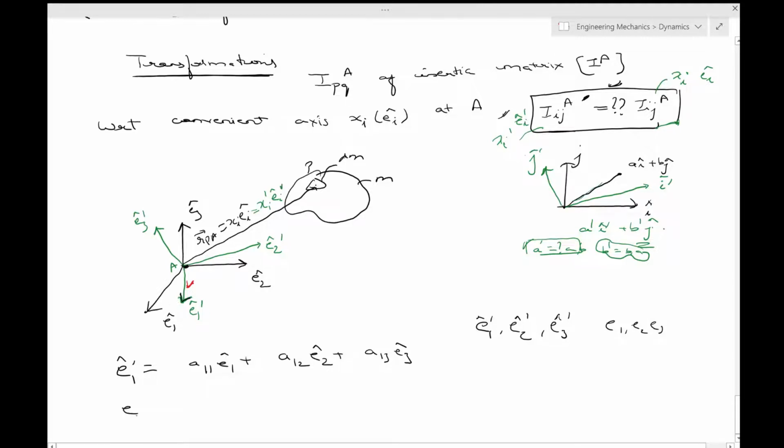Similarly, I can write the vector e2 dash, this one, in terms of the black coordinate system.